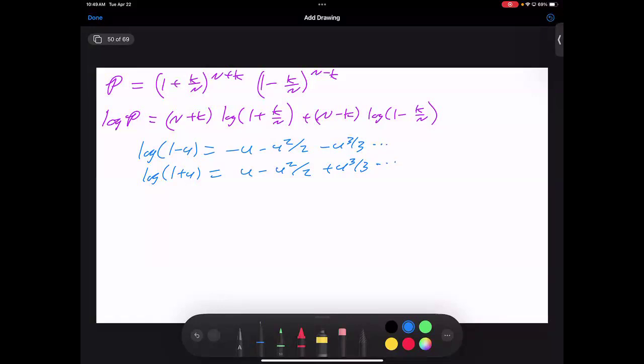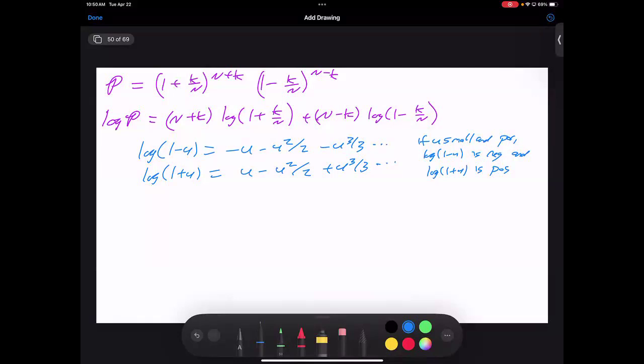If u is small and positive, the log of 1 minus u is negative, and the log of 1 plus u is positive. So this is not a proof that I've got the correct Taylor series, but they're at least starting off correctly. And again, if you can ever do simple checks to see if you're on the right track, do it. And so this quickly shows that everything is looking quite reasonable.